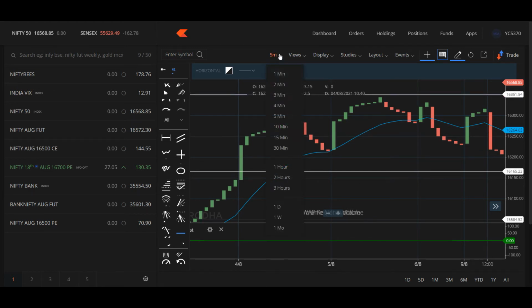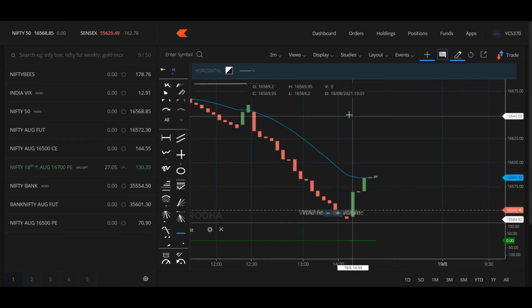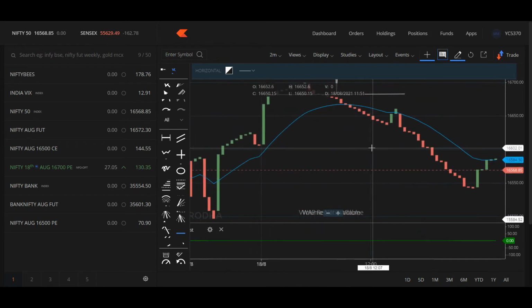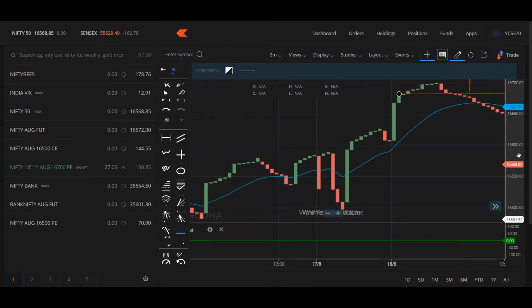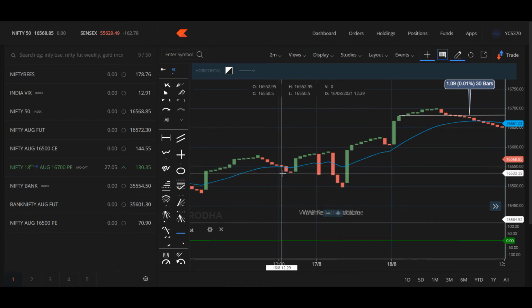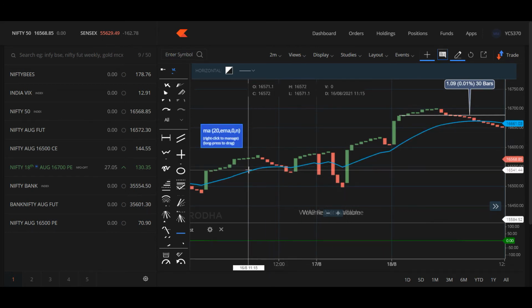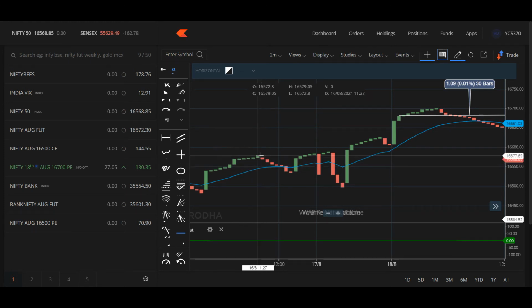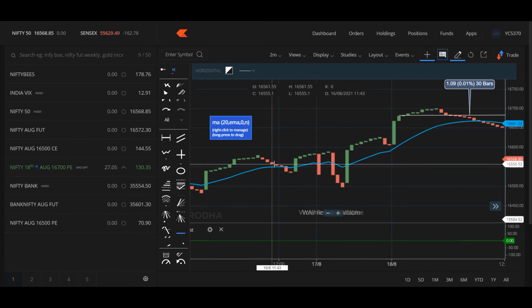Now this one has a time factor in it. So whatever time you're setting, say 2 minute candles, whatever move is coming in 2 minutes, every 2 candles, 3 candles, whatever you have set, it will take that particular thing.